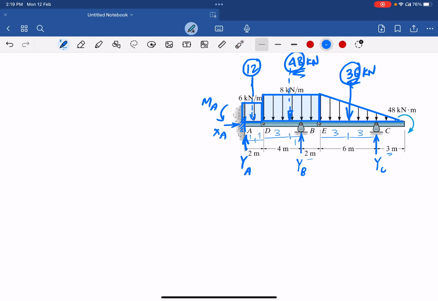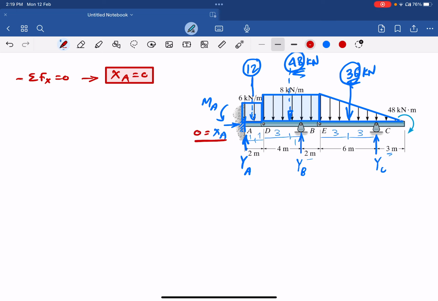By taking the summation of forces in the x direction, sigma Fx equals 0. Therefore, X at A equals 0, and this is the first unknown.